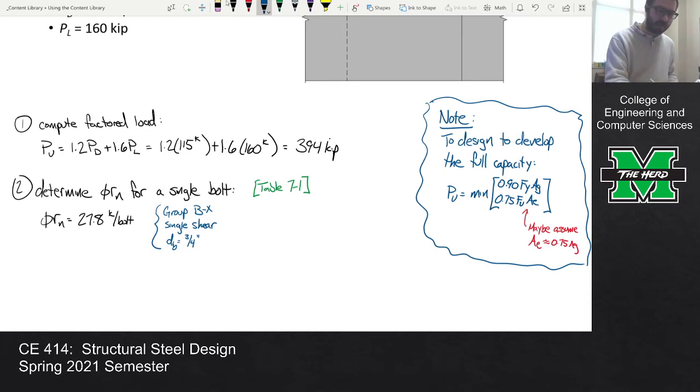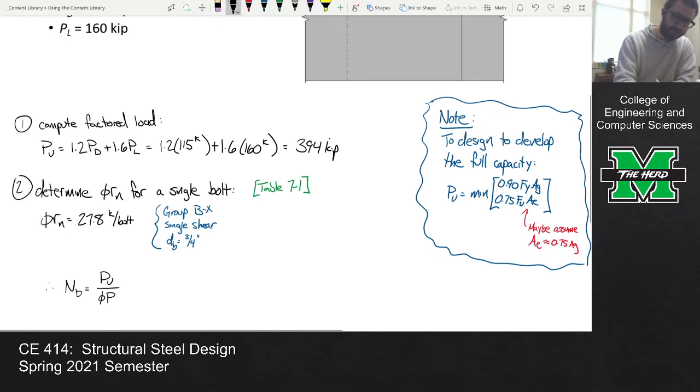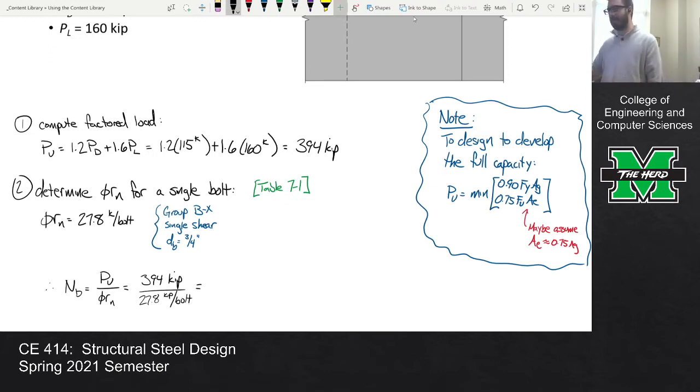Okay, so now what we can do is say, all right, sorry, not Vp and Vr, excuse me. So 394 kips on the entire connection. Each bolt can hold up 27.8 kips per bolt. So how many bolts is that?